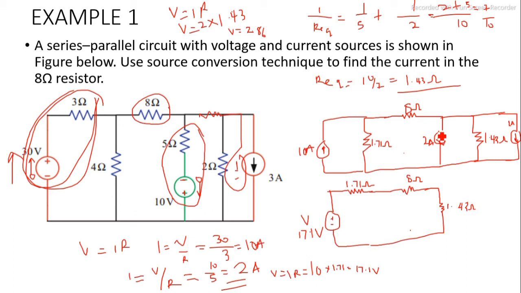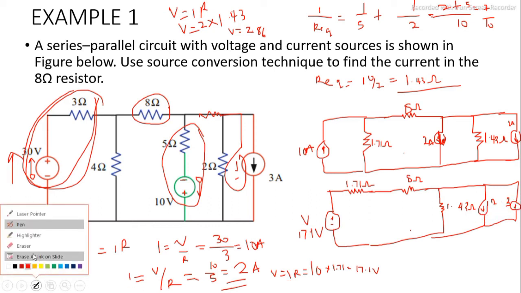1.43 ohms. Then these 2 amps, then this last one 3 amps. These two can be combined together as one, since they are moving in the same direction. This is moving downward, this is moving downward. If you combine them together, that gives you 5 ampere.